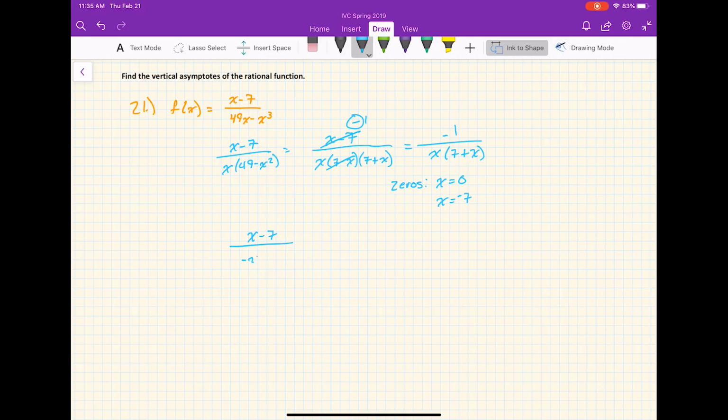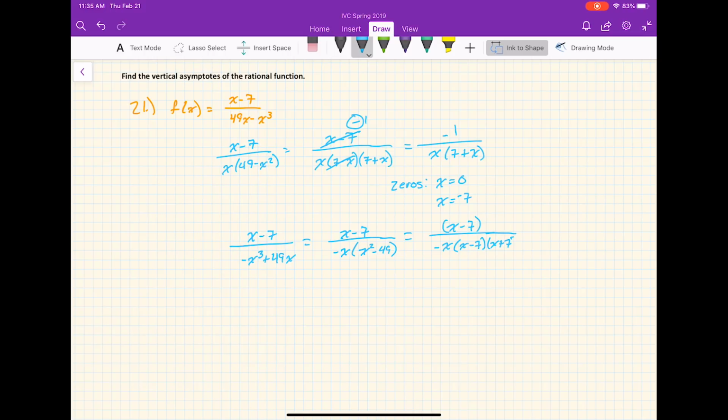And I'll just do this a little bit different way to kind of show you what I meant by that negative on the top. We'll just change this around a little bit. So the x leading in the bottom. So I'll factor out a negative x down here, and then I'll have x squared minus 49 on the inside. And so the top is x minus 7, and the bottom is x minus 7 and x plus 7.